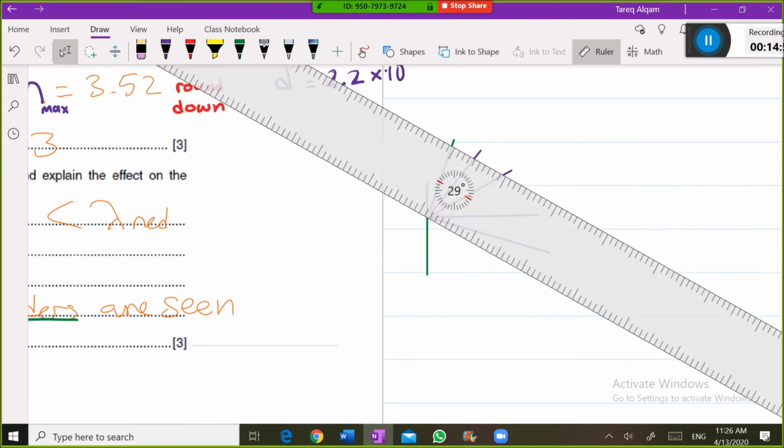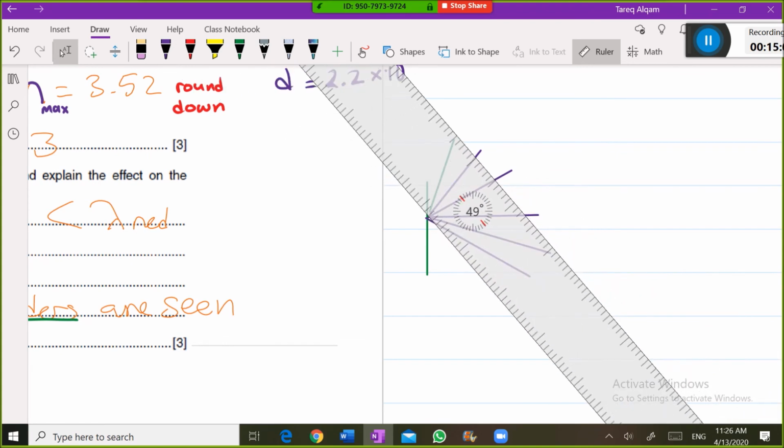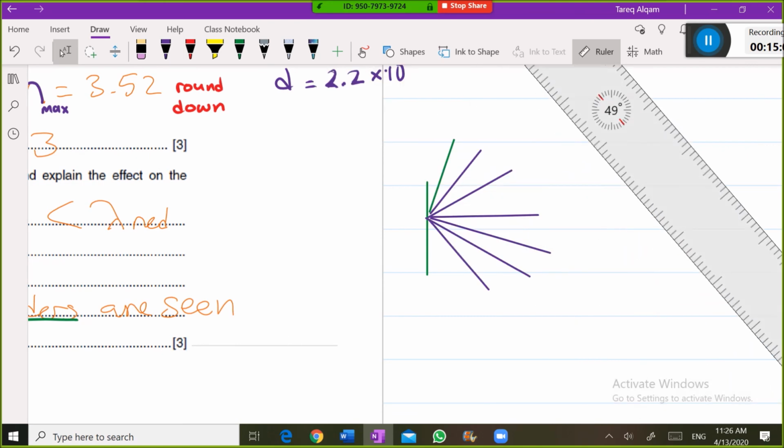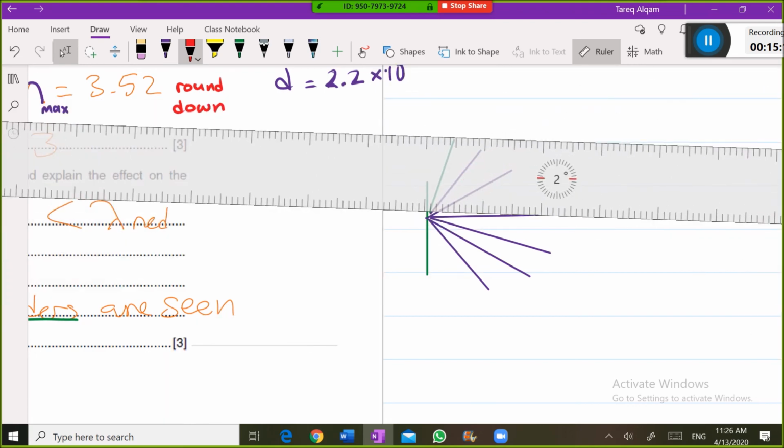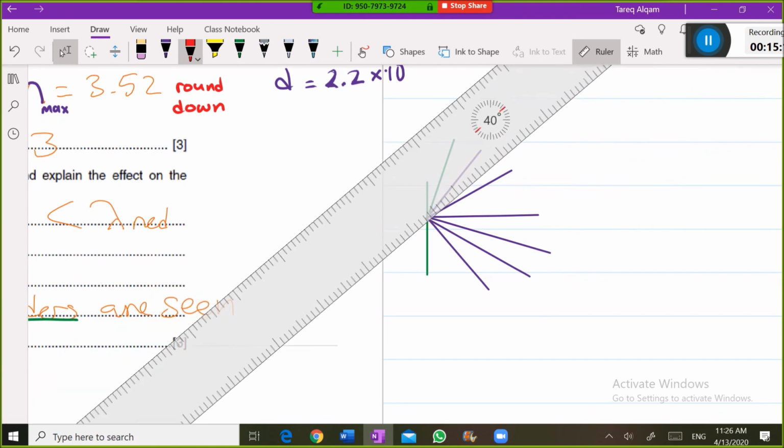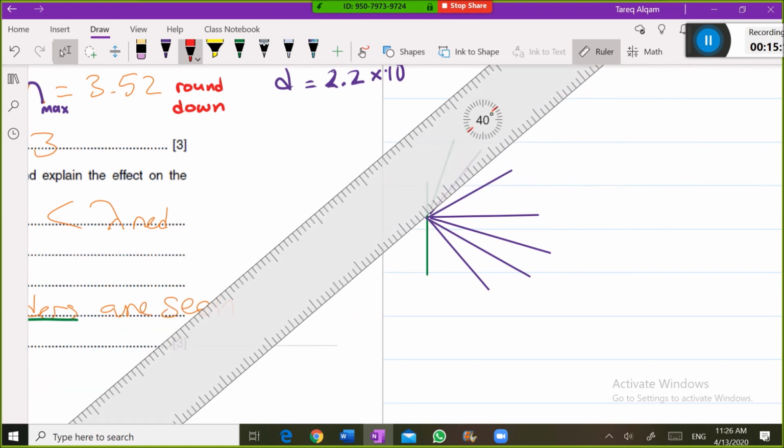The angular separation between the orders will decrease. If I use red, the central maximum will be the same, it won't be changed. For red we will have fewer orders.